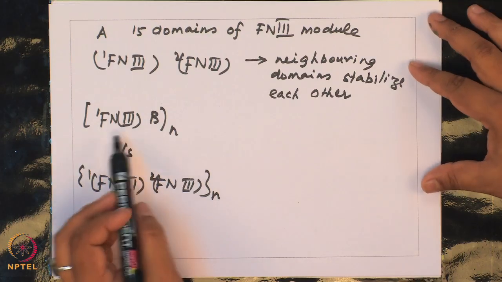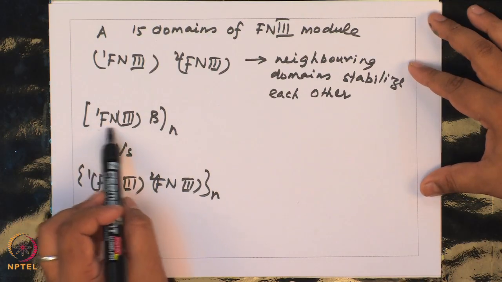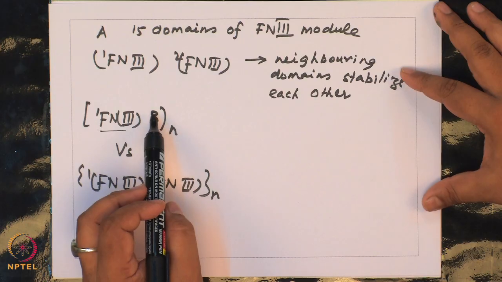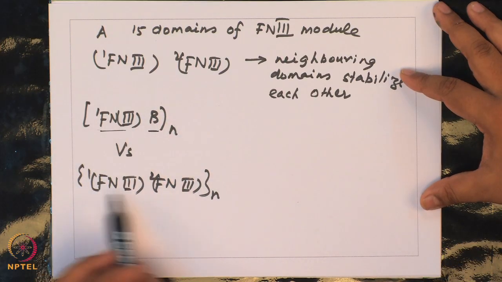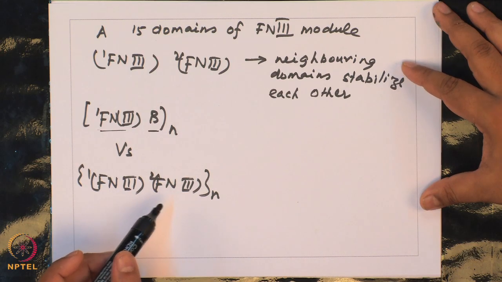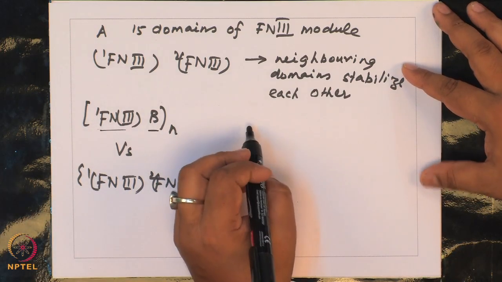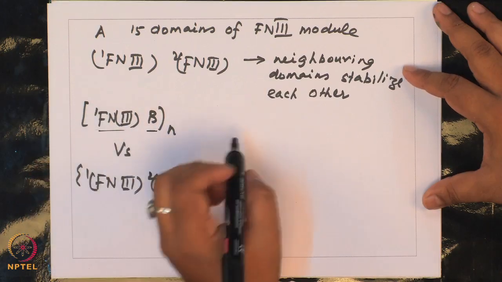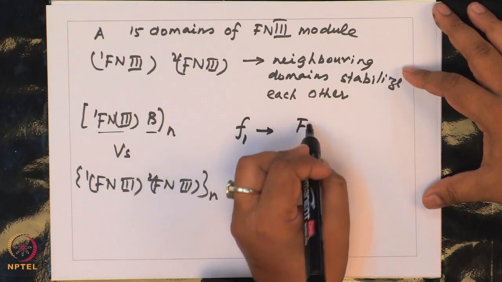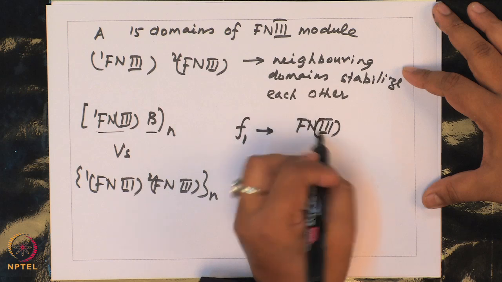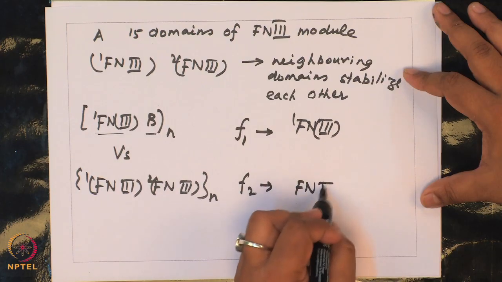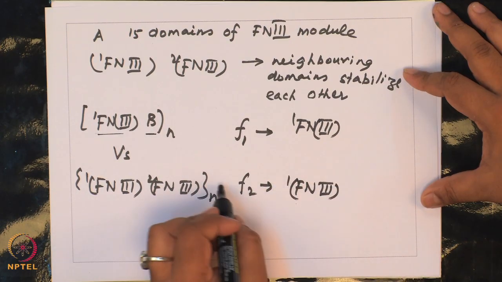So, you had one protein construct where this domain was coupled with this B, whose unfolding signature you know, versus this case in which 1 and 2 are next to each other, and this domain is repeated n times. So, what you will observe is the force unfolding signature. This F1 let us say corresponds to the FN3 1 domain here, and this F2 corresponds to the FN3 1 domain from this construct.